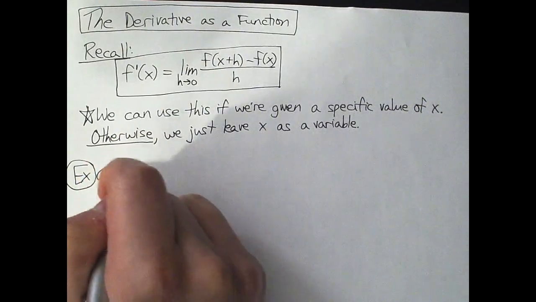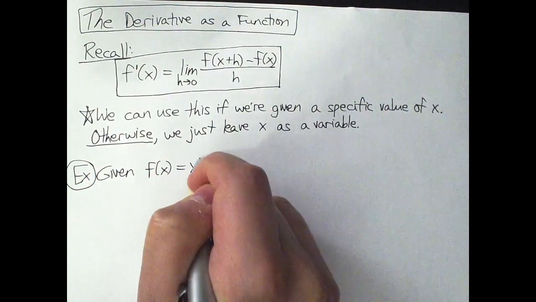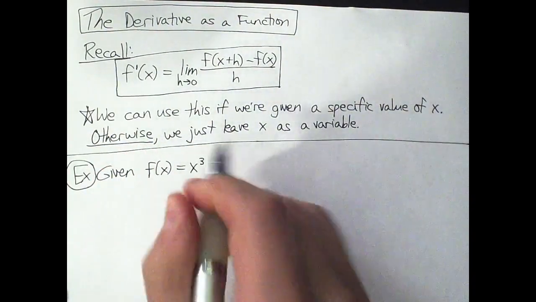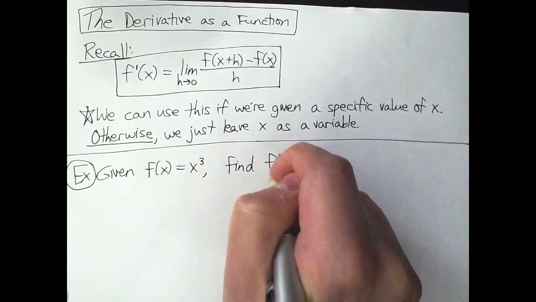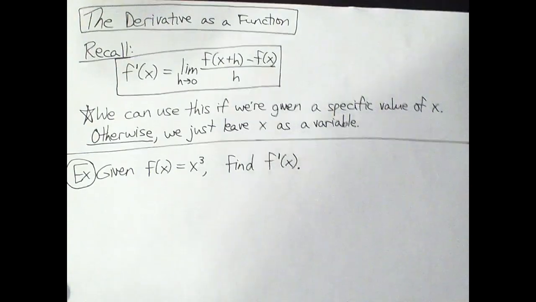I want to start with f of x equals x cubed. This problem is going to say, let's find f prime of x. I'll walk us through this, and after we do this one, I'm going to have one for you to try.